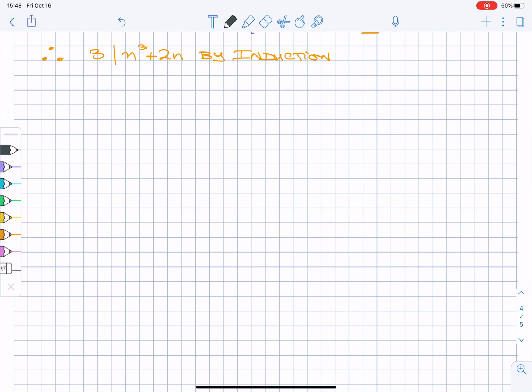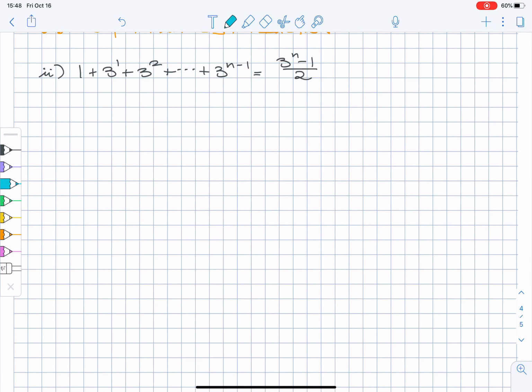So, number 2, let's say we have 1 plus 3 to the first plus 3 squared plus dot dot dot plus 3 to the n minus 1. I claim that that is 3 to the n minus 1 over 2. But let's show that that's true.